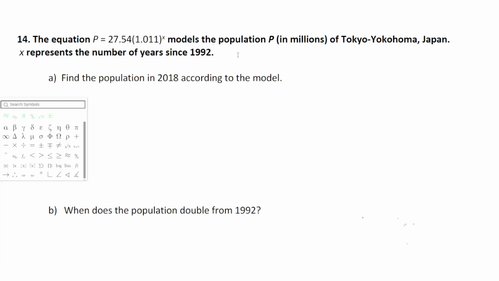So how many years from 1992 to 2018? Yeah, it's going to be 26 years. Okay, so we're going to use 26 as our value for X here.